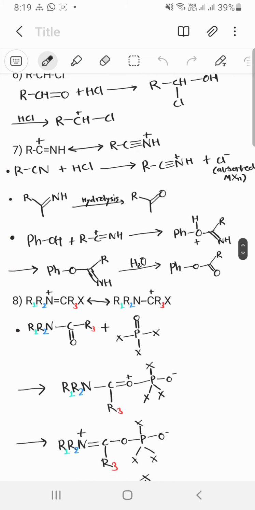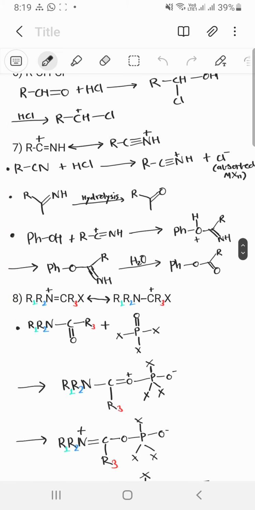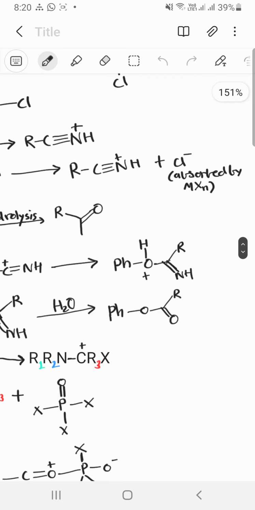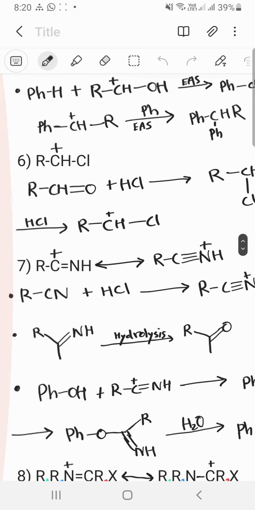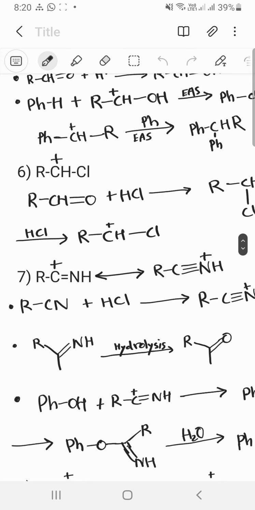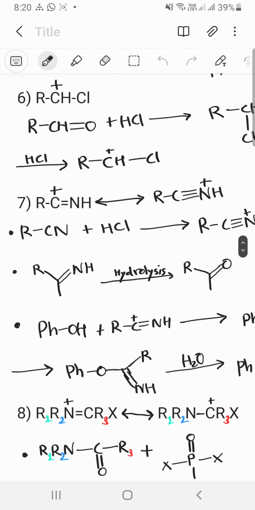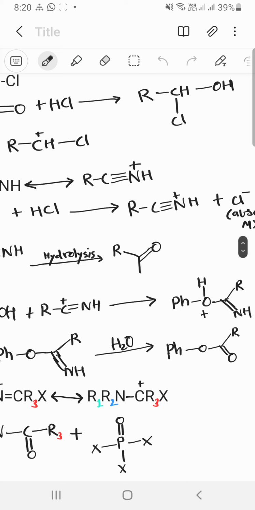So this is like cyanide. We said that it's absorbed by MXn, but then won't MXn first of all directly coordinate with cyanide? Well, I guess it just helps in that case because it's creating positive charge on nitrogen.